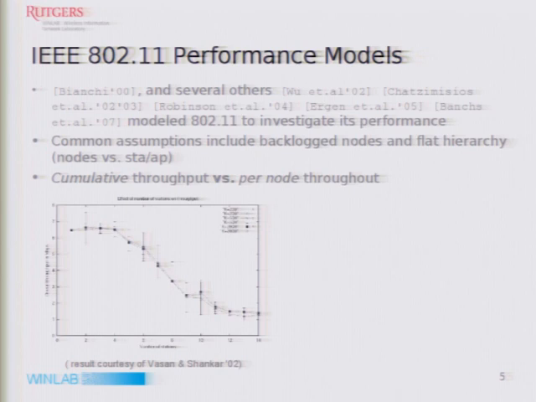However, all these studies will tell you that you see a drastic decrease in the cumulative system throughput, or system capacity, as you add more nodes. That's a well-known fact because of the fixed contention window mechanism of DCF access, since it's optimized for a certain number of nodes. If you go beyond that, or use anything that's not designed for it, you'll operate suboptimally. This is the behavior that you see because of that.